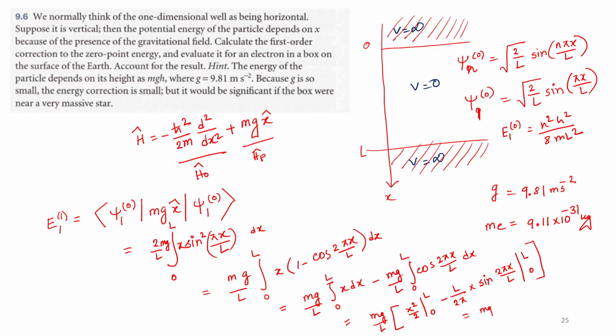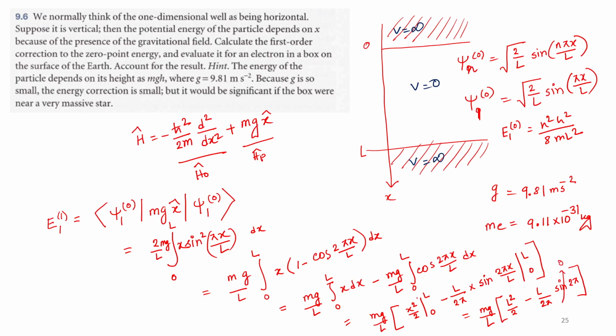Now mg by L outside, here you are going to get L square by 2, right? Minus 0. And then here you are going to get L by 2π into sine 2π. The other part is 0, as you can see, sine 0, and sine 2π is also going to be 0.